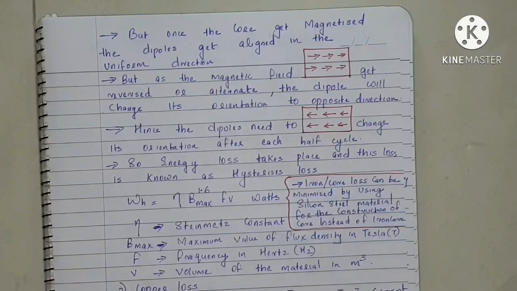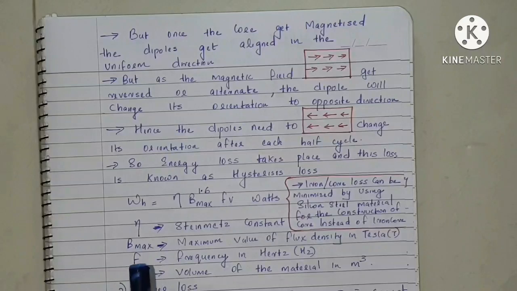It can be expressed as WH equal to eta Bmax raised to 1.6 FV, in watts. Eta is the Steinmetz constant, Bmax is the maximum value of flux density in Tesla, F is the frequency in Hertz, and V is the volume of the material in meter cube.